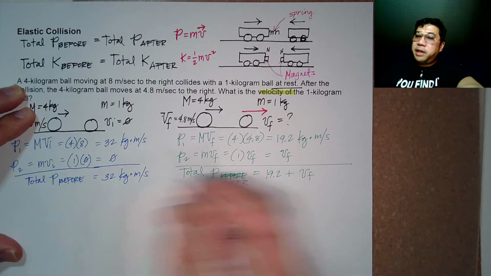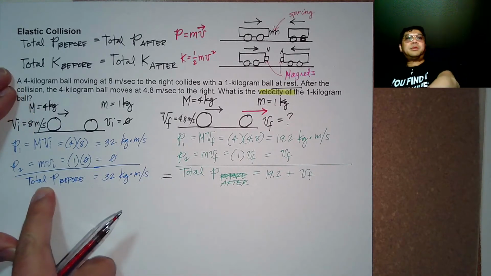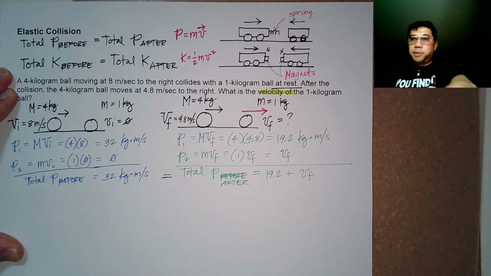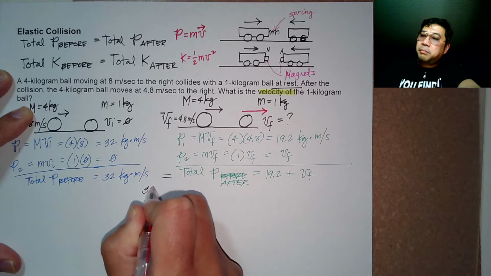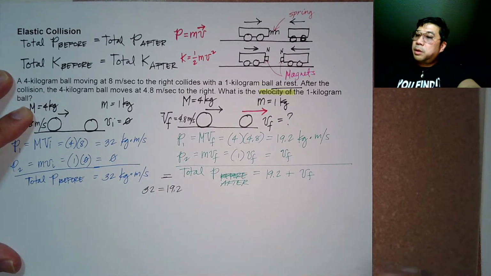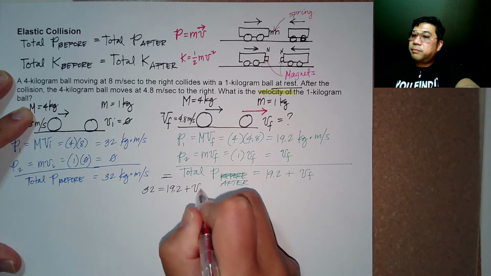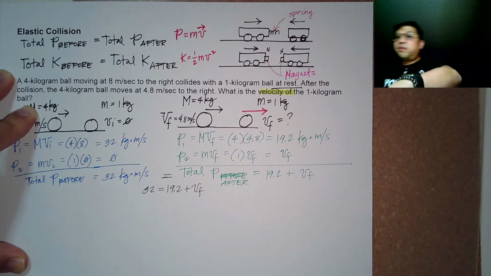So now let's equate these two, since they should be equal to each other. So now I can say that 32 is equal to 19.2 plus v sub f.